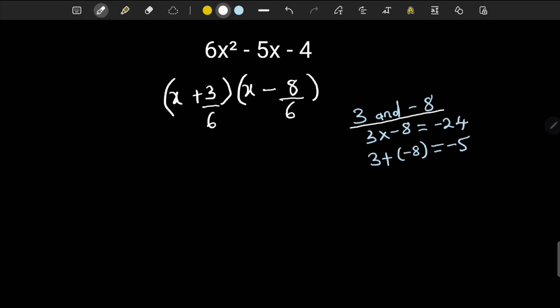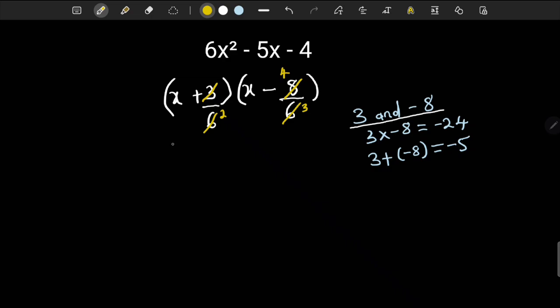Divide them by the coefficient, and you realize that 3 into 6 is 2. And then 8 divided by 2 will give us 4, right? And 3 divided by 3 will give us 1, right?